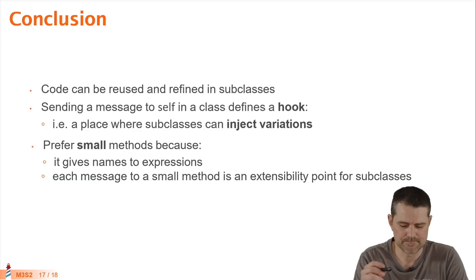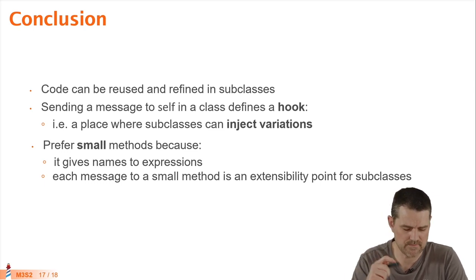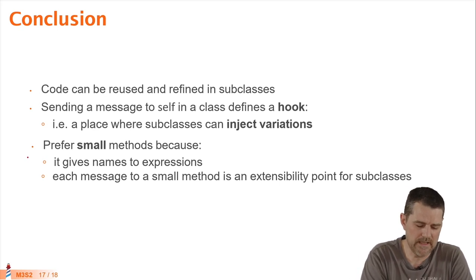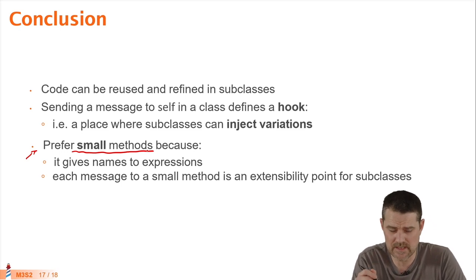So in conclusion, code can be reused and refined by subclasses. Sending a message to self in a class defines a hook, and subclasses can use this hook to inject variations. So at the end, prefer small methods in your code. It gives names to the expressions, and each message to a small method is an extensibility point for subclasses.